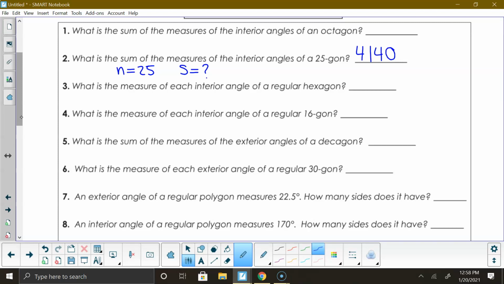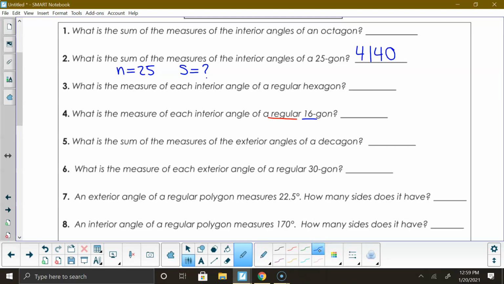Aaron, go for it. So what do you think is important about that? Regular. Alright, so if it's regular, it's telling you which formula. S, R, or E? R. Okay. So, I need to plug in the 16.